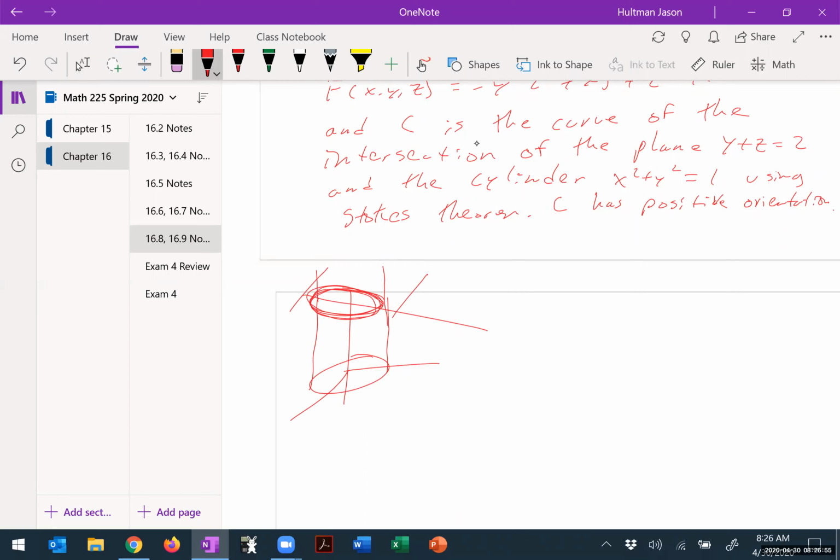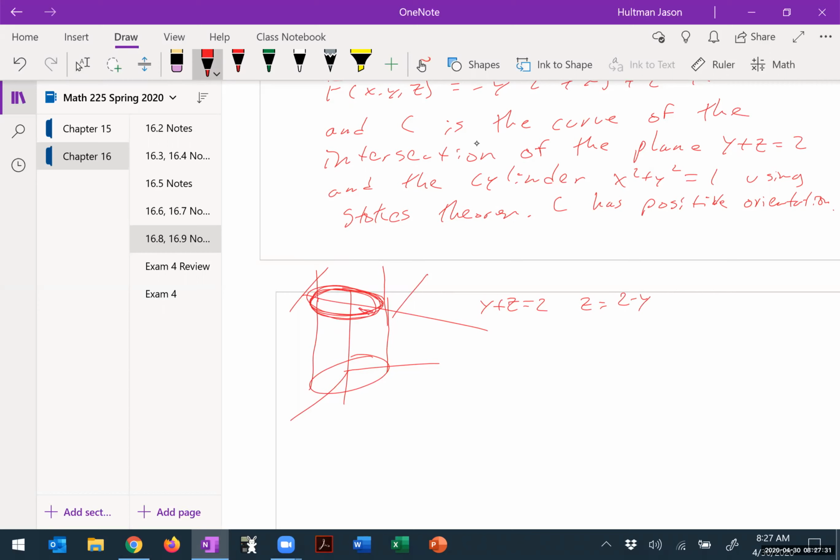If it was flat, then yes, it would be a circle, but we're cutting into this at some sort of angle, because y plus z equals 2 is the plane that we're looking at, or more importantly, z equals 2 minus y. So that's the plane that's slicing this cylinder, and it's creating some form of an ellipse.